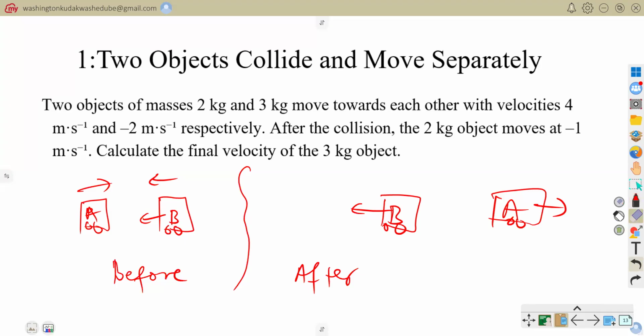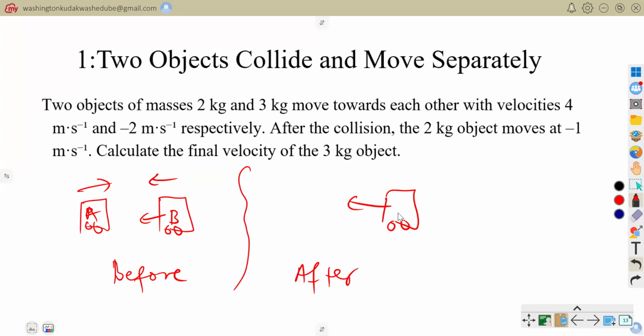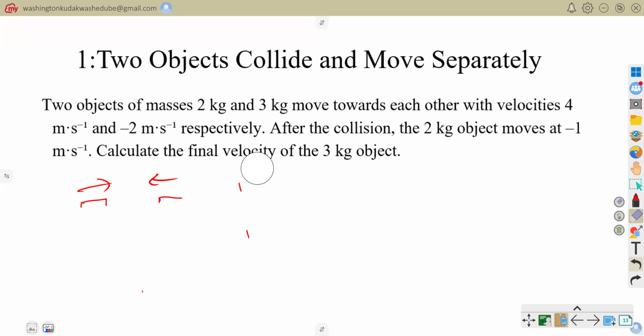Or else, instead of A going in that direction, we would have A go in the opposite direction to which it was moving, and also B going in the opposite direction. But what we have is two objects colliding and then they separate. So let's look at an example in regard to that.